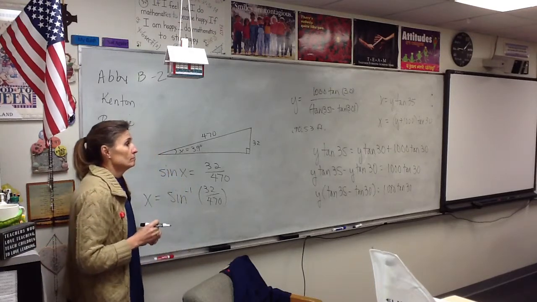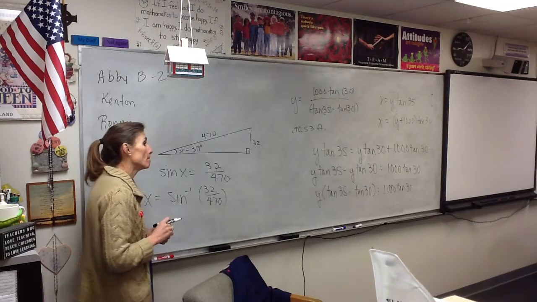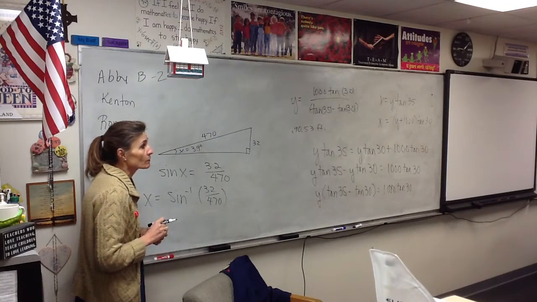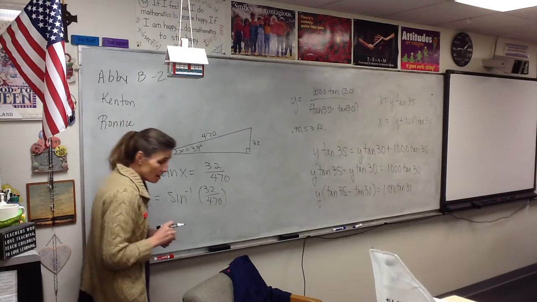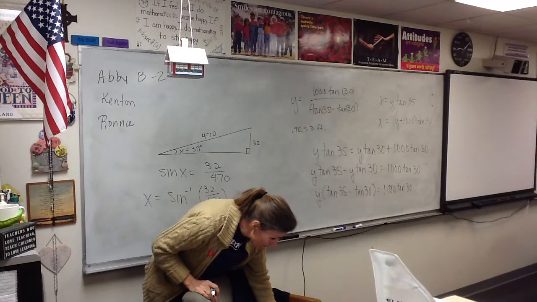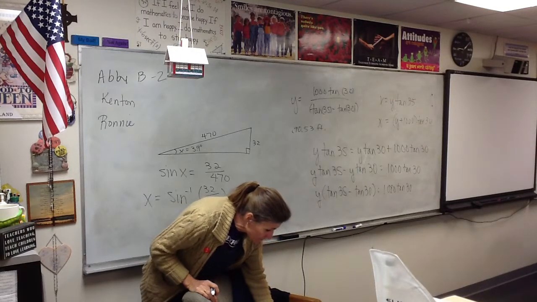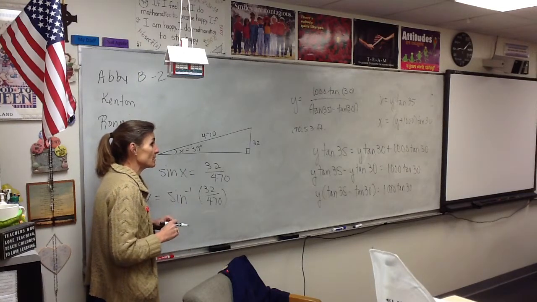Yeah, Deanna? I just have a question. How can you put 470 on that part and not the bottom part? Well, let's read the question again. It says, a ramp leading to a freeway overpass is 470 feet long. The ramp is 470 feet long.